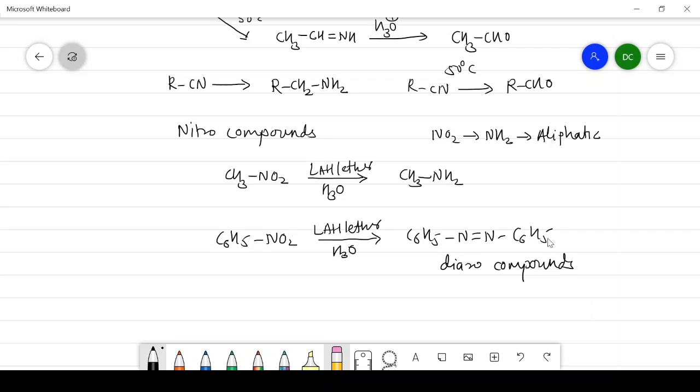So there are two types of products observed in nitro compounds. If the NO2 group is present in an aliphatic compound, it is converted into NH2, and if it is present in an aromatic compound, then it is converted into N double bond N, that is the azo group.